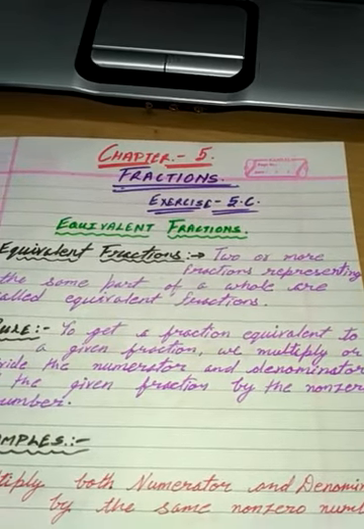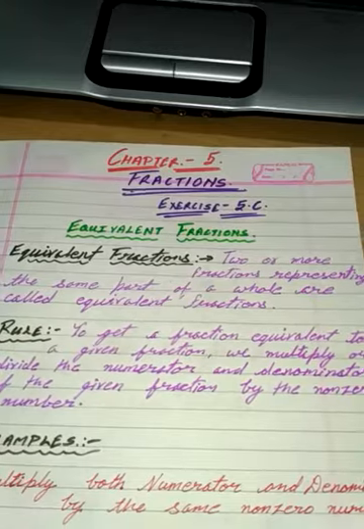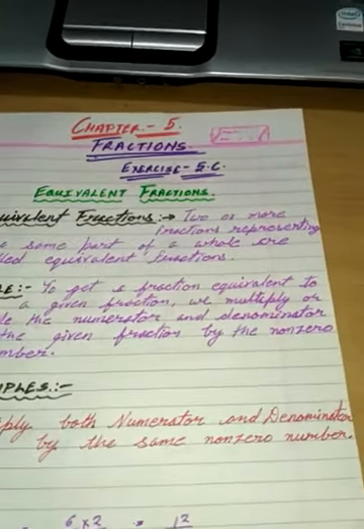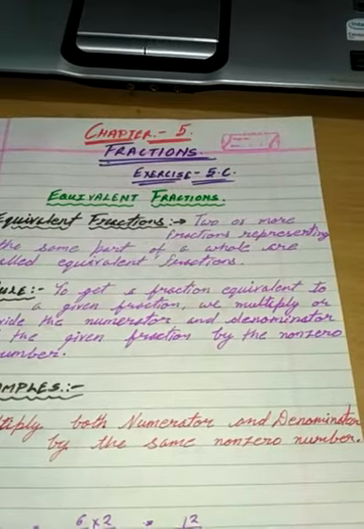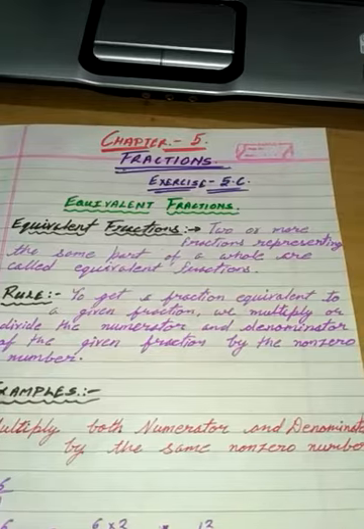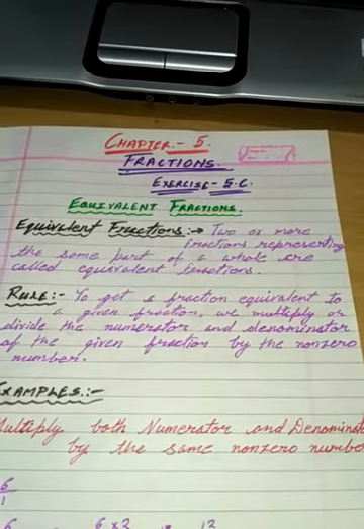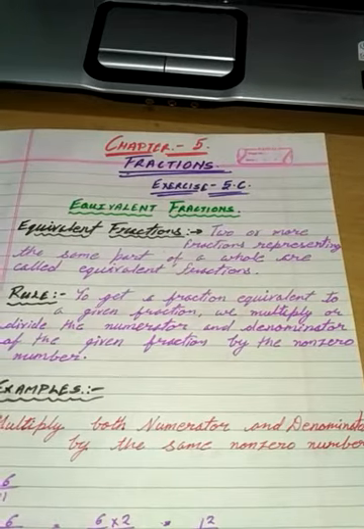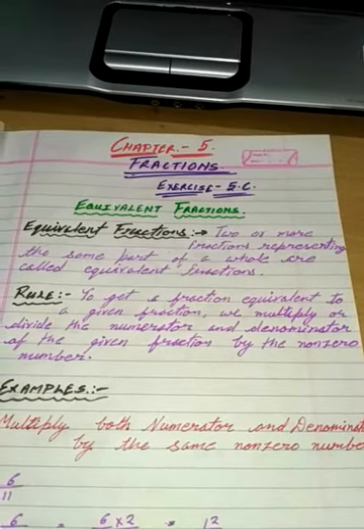Equivalent fractions can be made by two methods. One is multiplying both numerator and denominator by the same non-zero number. You have to multiply both numerator and denominator.